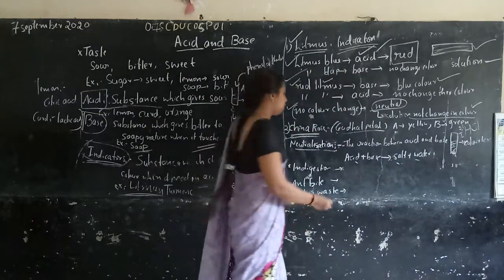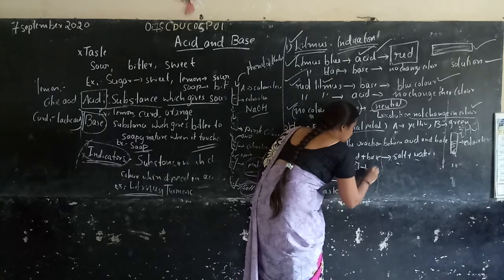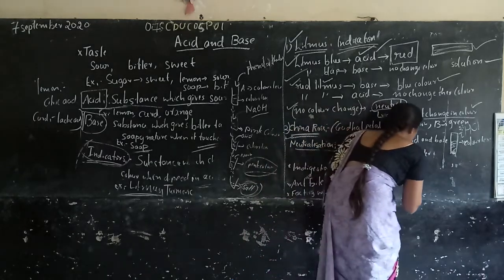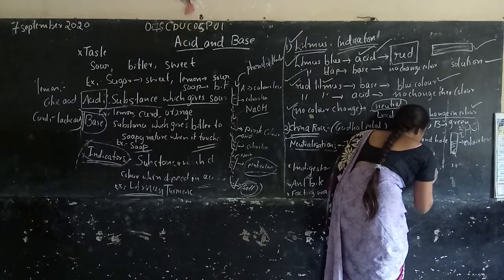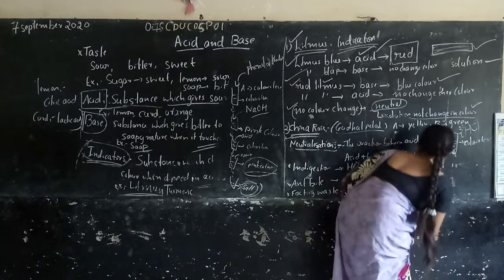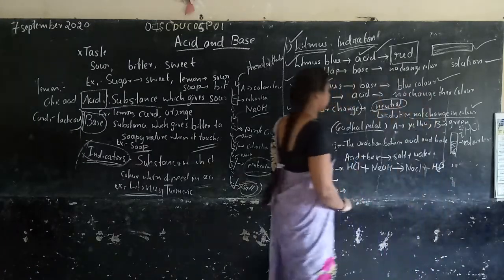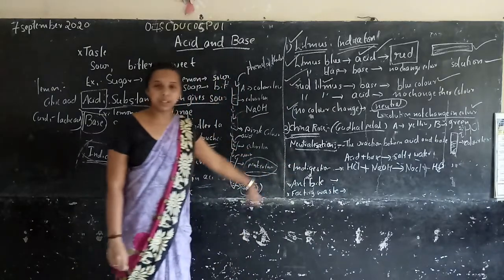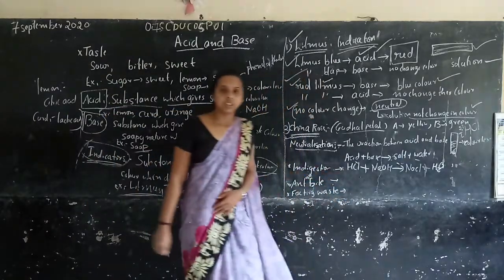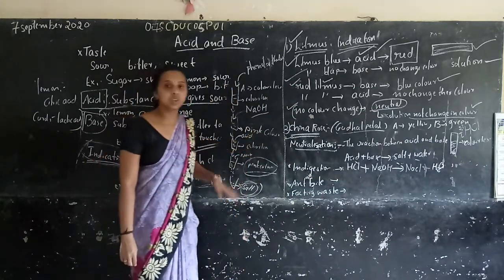I use hydrochloric acid and the base sodium hydroxide. They give sodium chloride and water. I will give this as a chemical equation; don't bother about this one. So now you know what neutralization is.